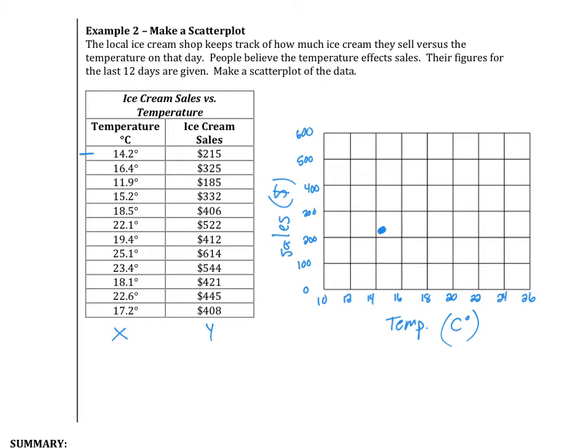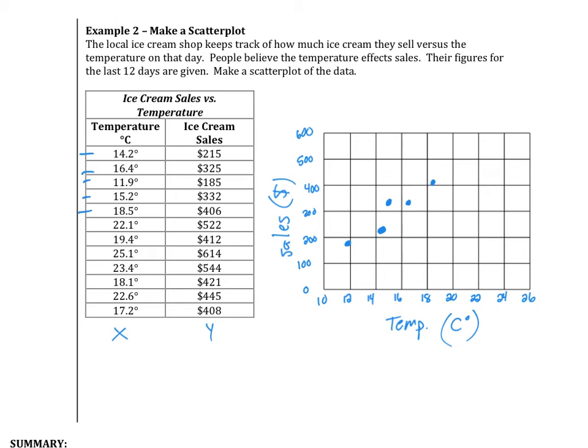The second one, 16.4 up to 325. Then 11.9, so not quite 12, and 185. 15.2, 332. 18.5, 406, all the way up to here.